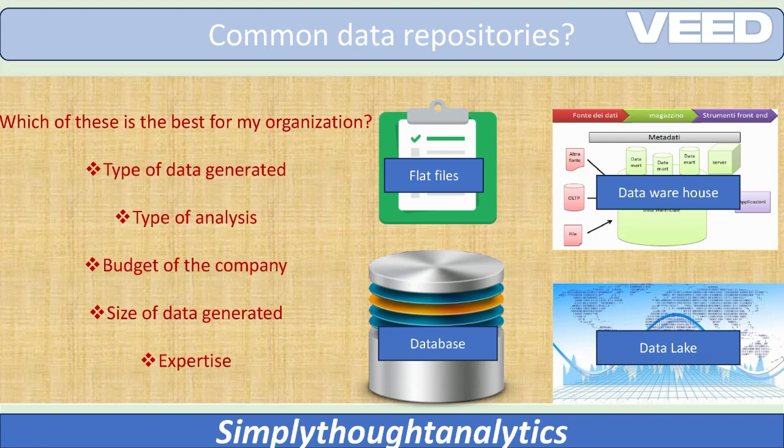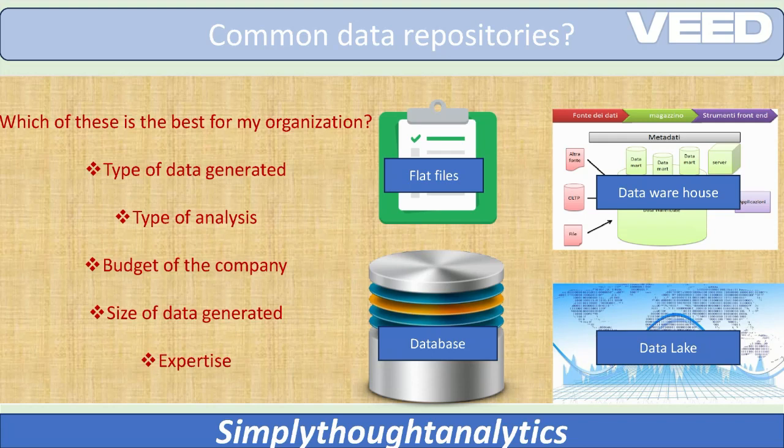Then the type of analysis. So if we want to be doing real-time analysis, then we have to go for some type of data storage, such as data lake and data warehouse. Then the budget of the company. So, for example, flat files such as spreadsheet like Excel and Google Sheet, they are very cheap.